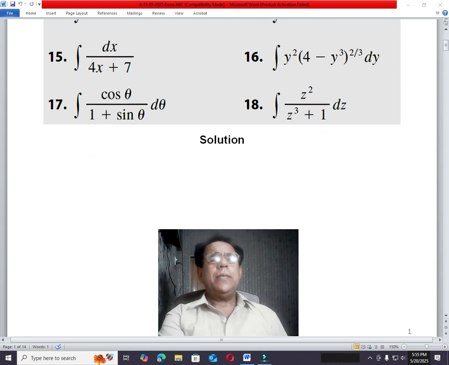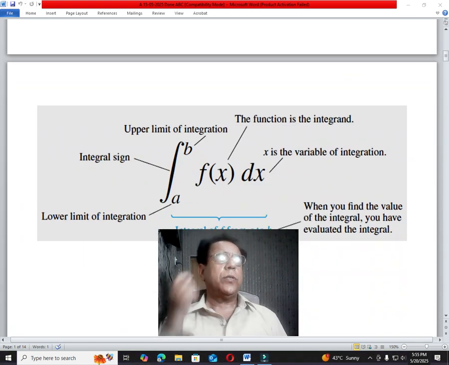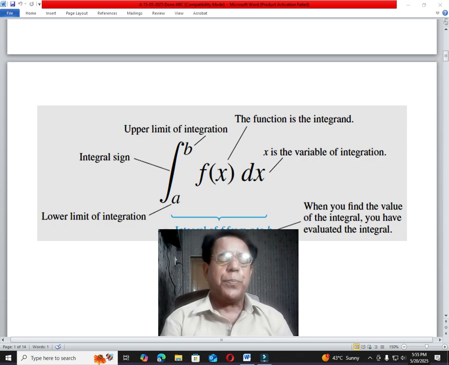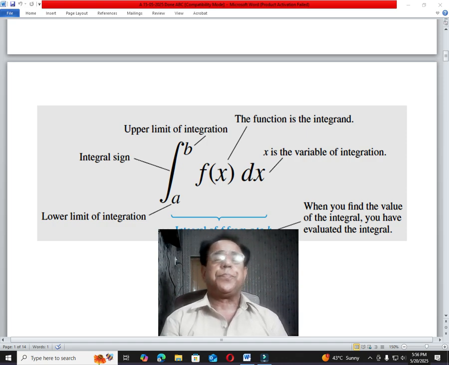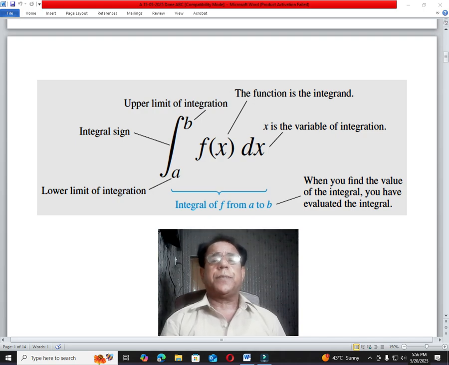So now, as usual, before going to solve our problems in a formal manner, we first visit several snapshots which will be helpful in understanding the concept involved in solving these problems. The first snapshot is about the integral of f from a to b.